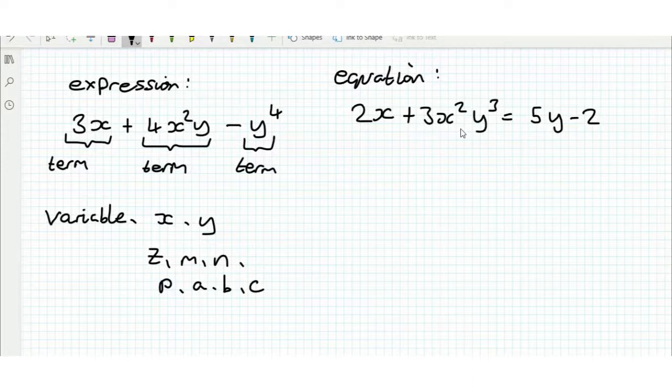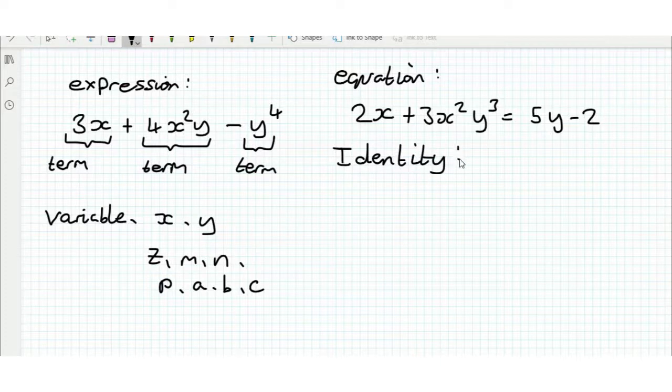Because this is just one equation, there's lots of solutions for x and y, but for some set of numbers x and y, this is true, and we might want to solve for x and y, we need an equation to do so. That's pretty much it. And this brings us on to an identity.